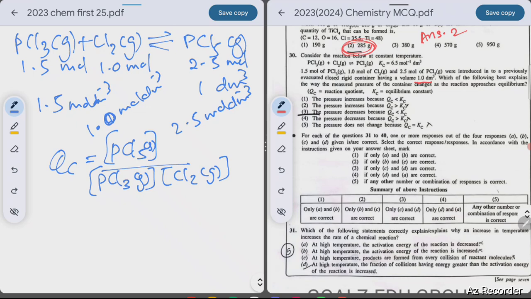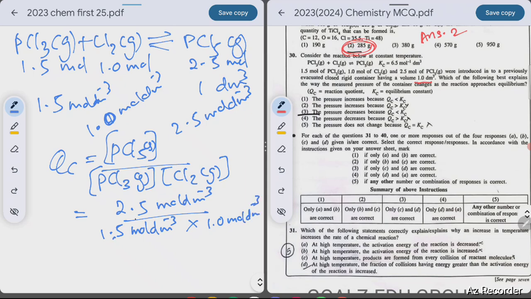Right? Now here the PCl5 concentration is 2.5 moles per dm cube. PCl3 is 1.5 moles per dm cube times Cl2 is 1 mole per dm cube.